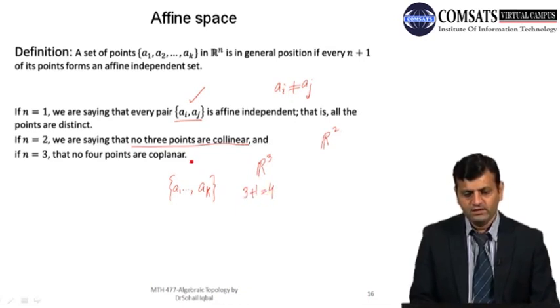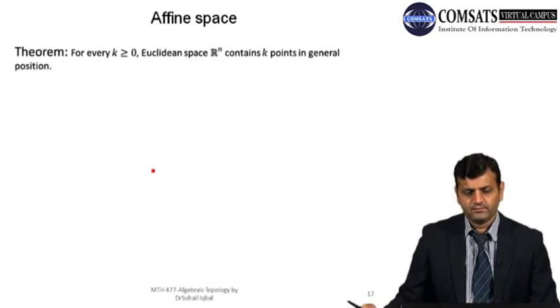So we have seen that 4 points are affinely independent if and only if they are not coplanar. For every k greater than or equal to 0, a Euclidean space Rn contains k points in general position.